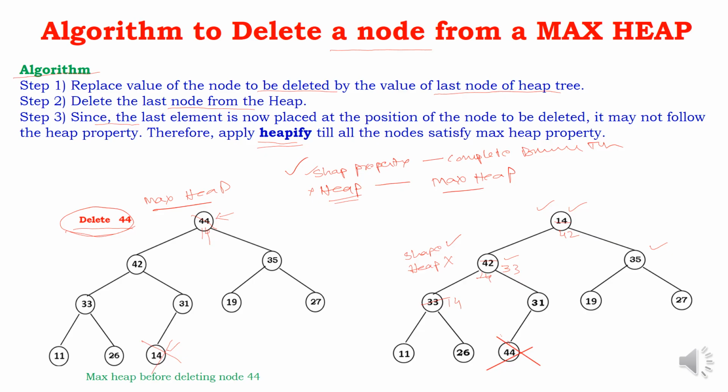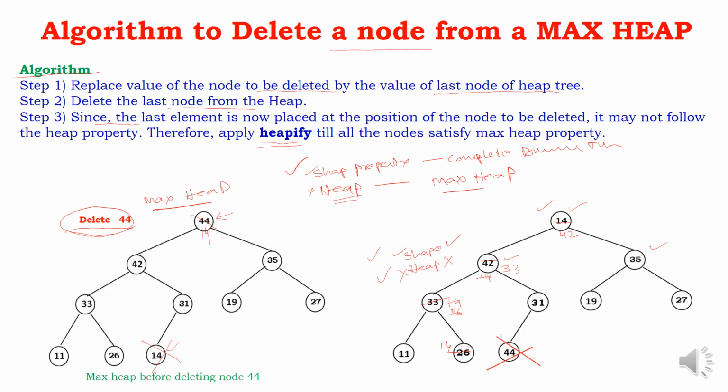Now is it satisfying shape property? Yes. Is it satisfying heap property? No. 14 is the parent. It should be greater than its children, 11 or 26. It is greater than 11, but it is not greater than 26. Now 26 is placed here, 14 is placed here. Now it is satisfying shape property and heap property.